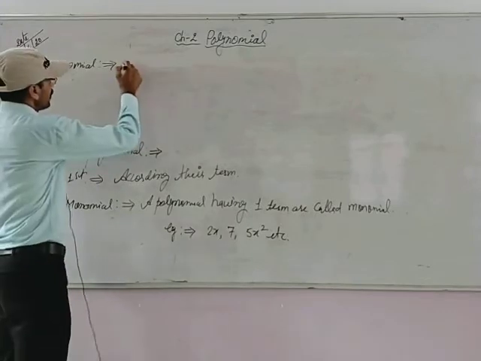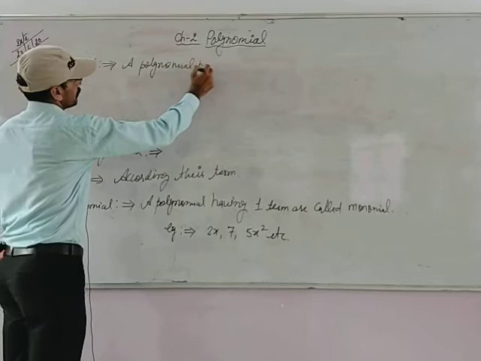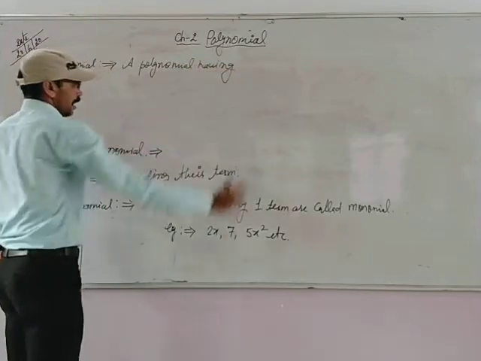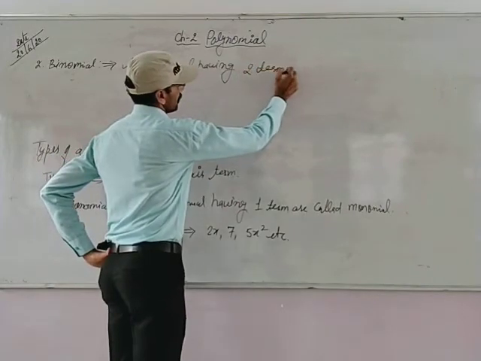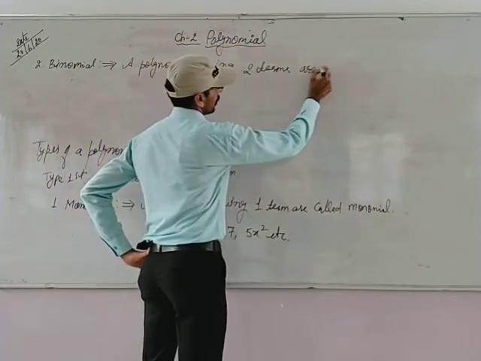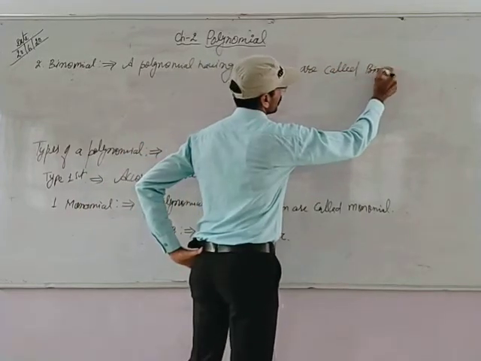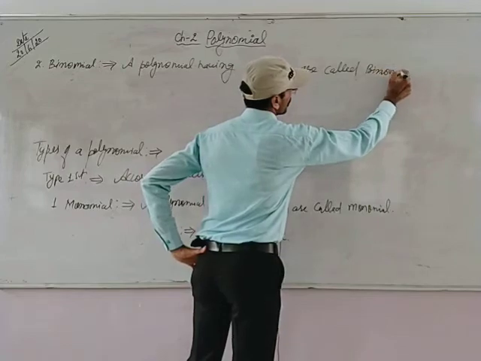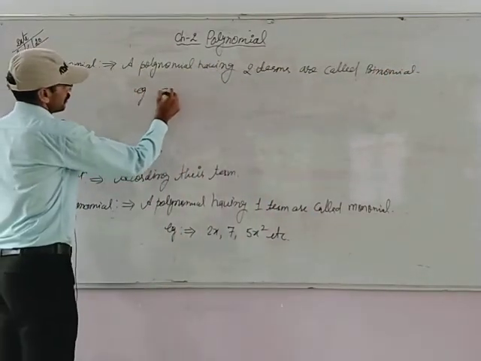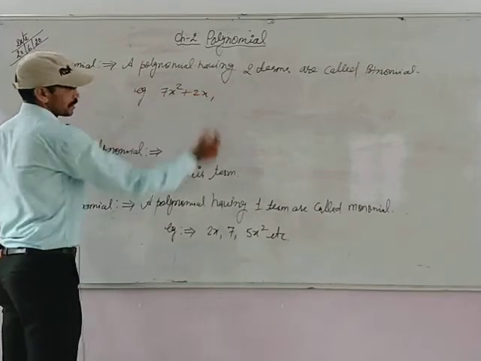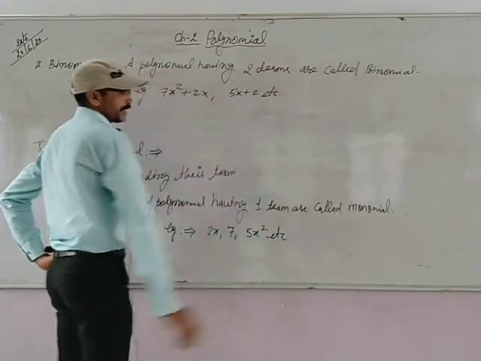A polynomial having two terms is called a binomial. Examples here: 7x square plus 2x, 5x plus 2, etc.